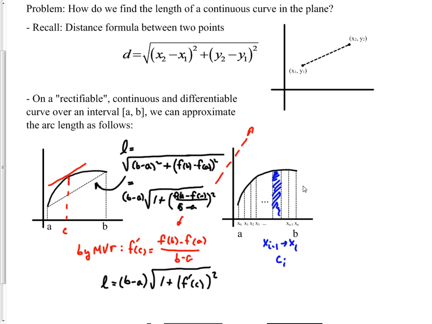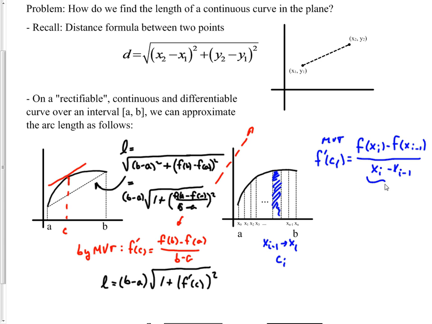And so what we could say is that by our mean value theorem right here, f prime at some point c sub i is equal to f at x of i minus f of x of i minus 1, for any of those pairs i and i minus 1 within our interval from A to B, over x of i minus x of i minus 1.